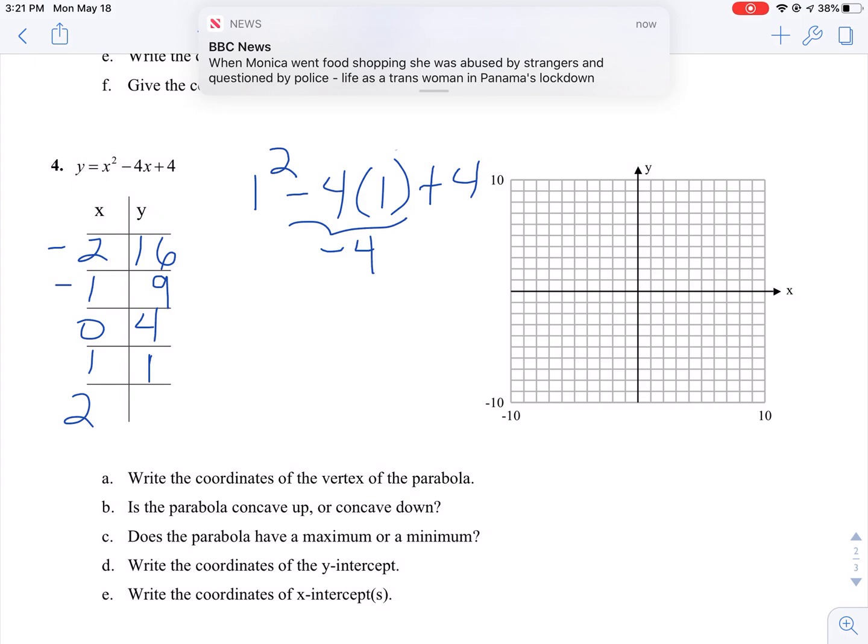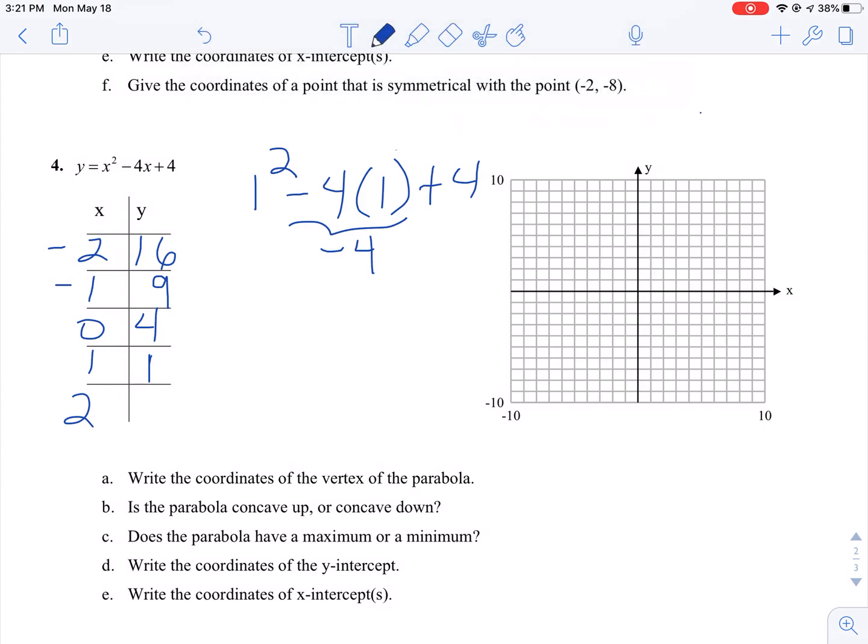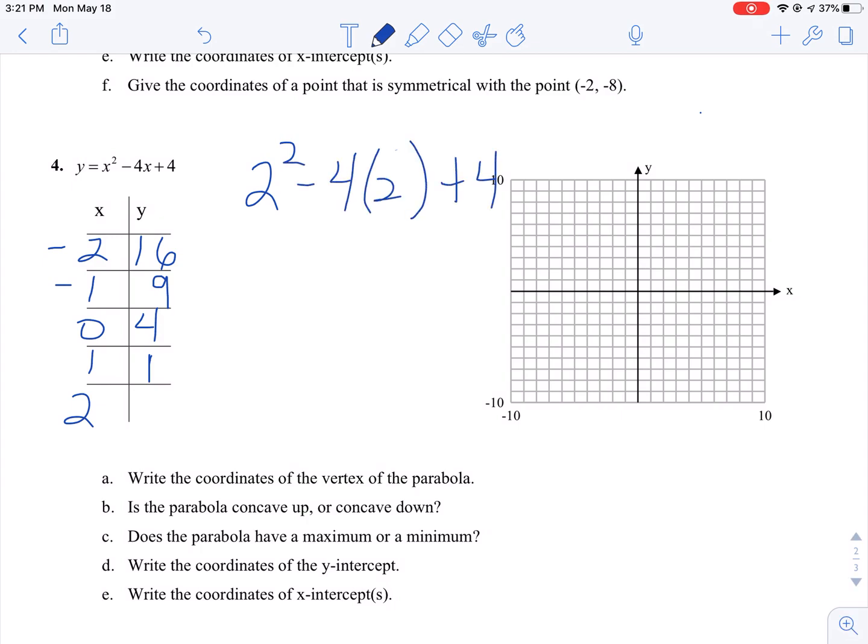And let's see, putting 2 in for x gives me 2 squared minus 4 times 2 plus 4. And so that gives you 4. This part gives you negative 8 and then plus 4, and we get 0 there. So negative 2, 16 is way up here somewhere.